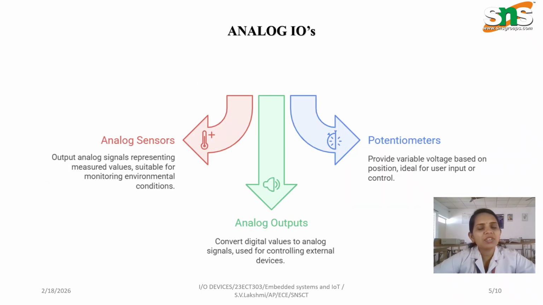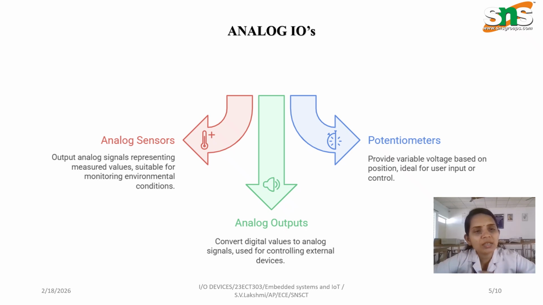Similarly, we have the analog devices also. The physical parameters are converted into electrical signals, which provide data for decision making and also enable user interaction with the system.